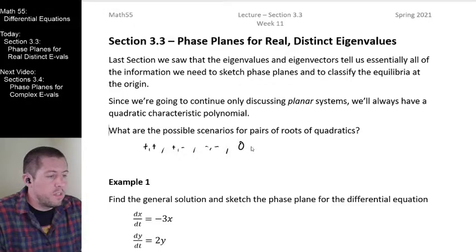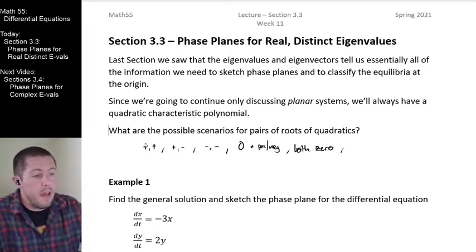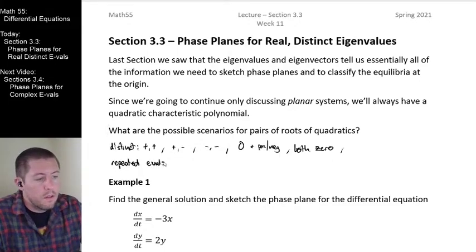So zero and a positive or negative. Or maybe they're both zero. That's maybe a thing we should consider. Or maybe these are all cases where these are distinct from one another. Or maybe they're repeated. Or maybe they're imaginary. Maybe we're going to get some complex numbers in there.